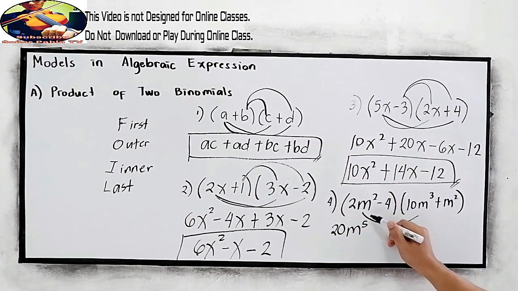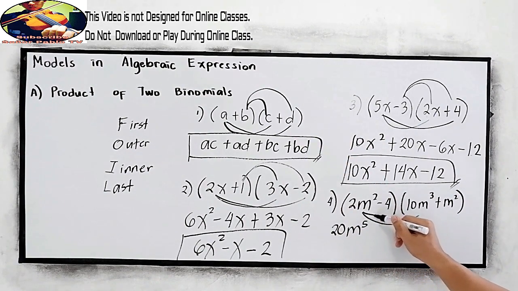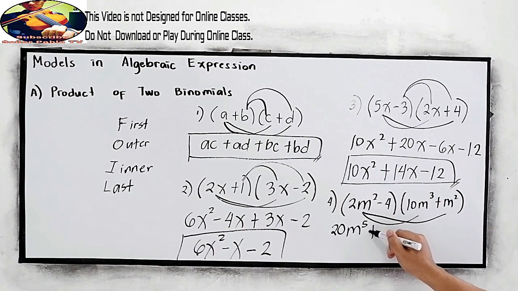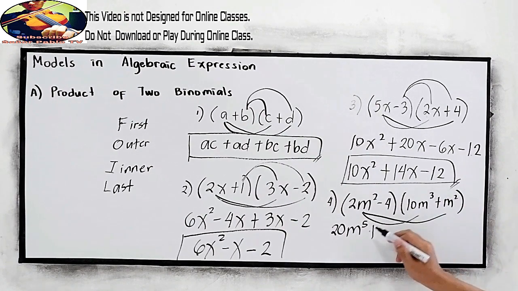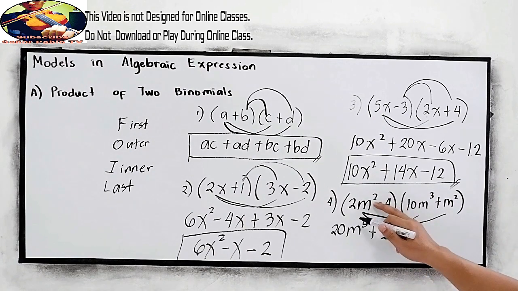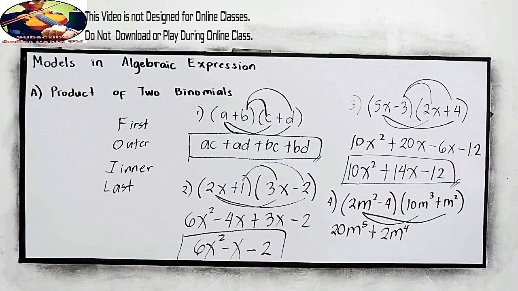Next, the outer terms. 2m squared times m squared is positive 2m. 2 plus 2, we have 4 as the exponent. Next, negative 4 times 10m cubed, negative 40m cubed.